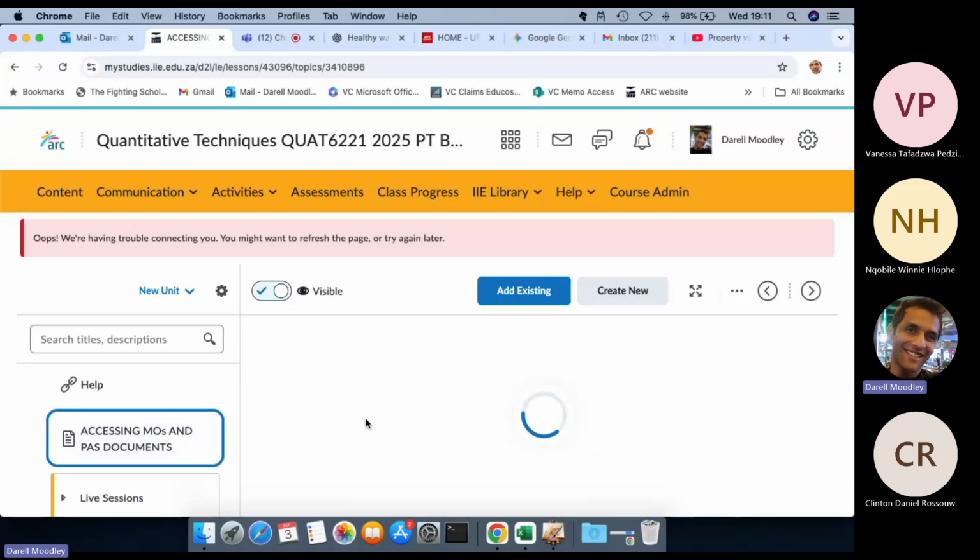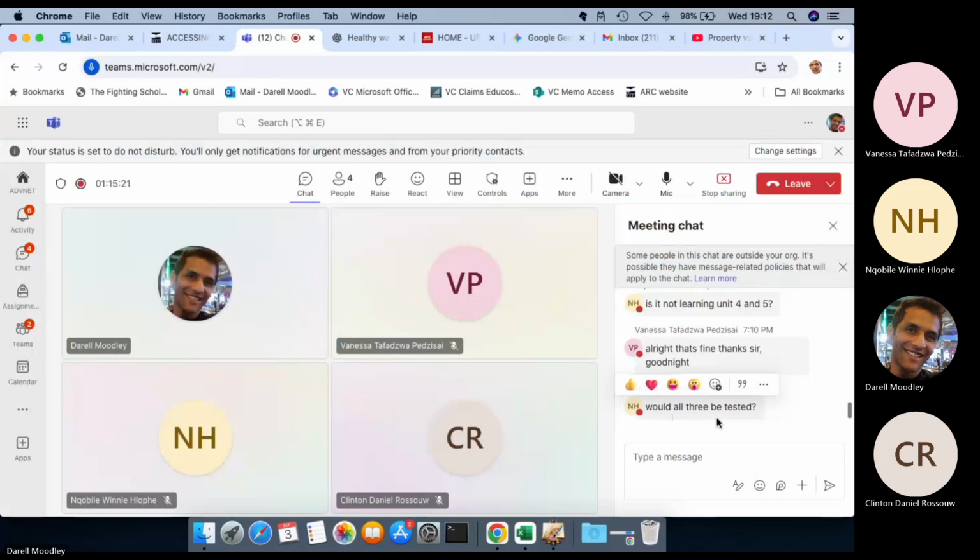You click here, and it shows you how to get your module outline, which you should have already downloaded. As you can see, it's not opening on my side. But if you click here, it shows you exactly how to access your module outline. Once you get it, it'll tell you what learning units assignment 2 covers. That would confirm which learning units you need to prepare for assignment 2.